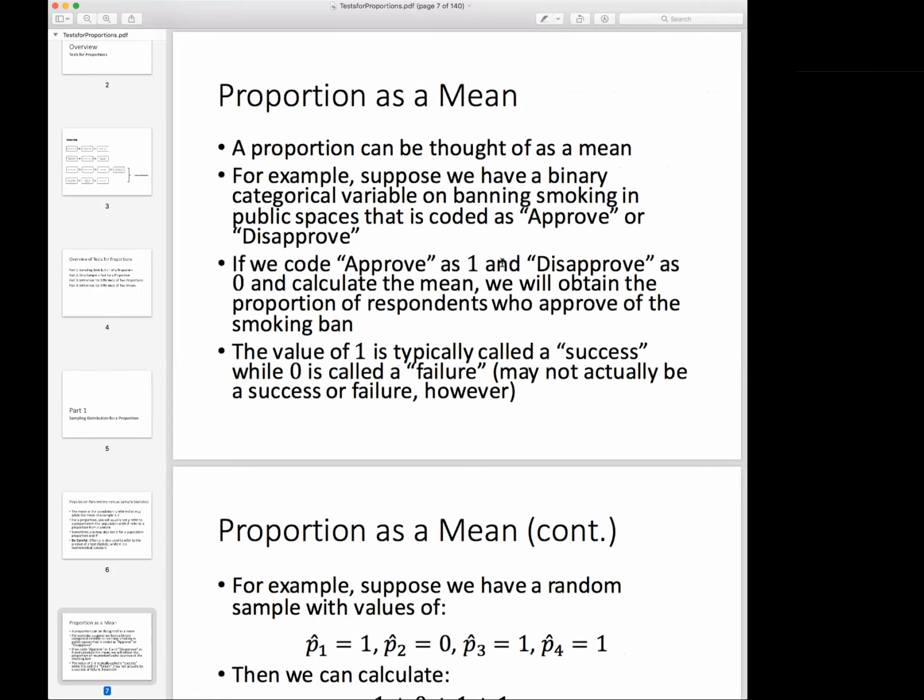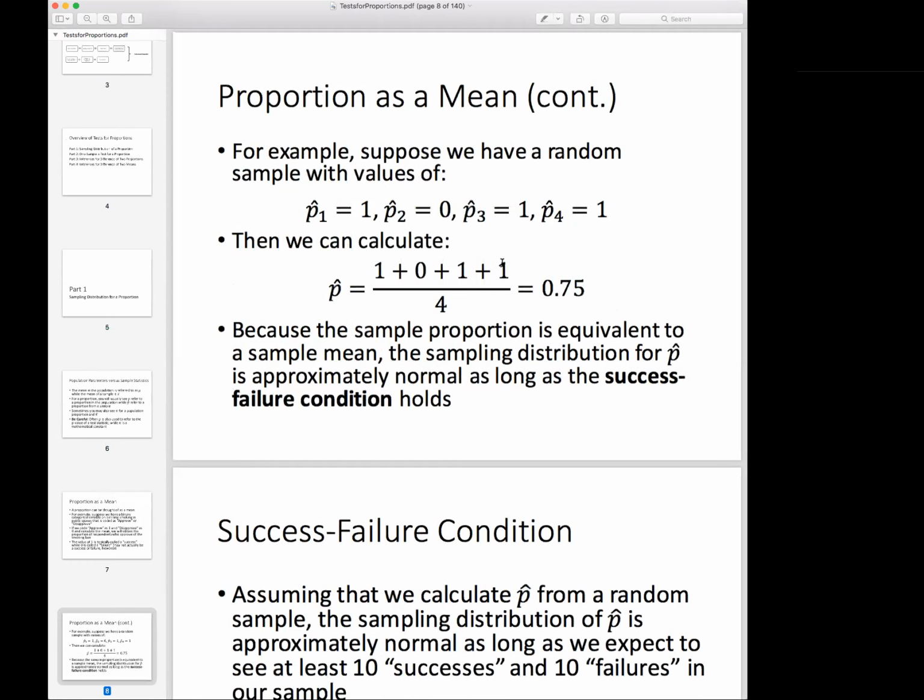And a proportion can be thought of as a mean. We are dealing with binary events, and we can code an approval as 1 and a disapproval as 0, or it can be a success and a failure. And then from that sample, we can calculate a proportion as a mean.